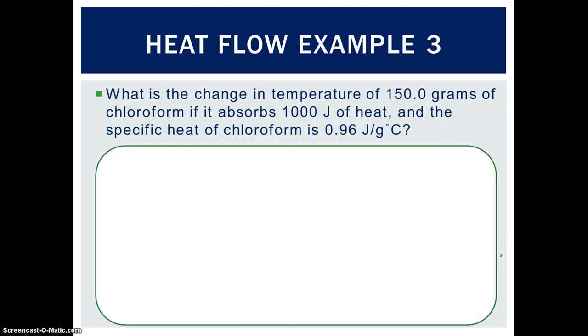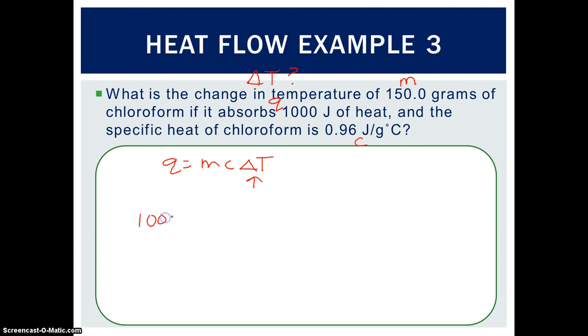Here's our last example. In this case, it's asking what is the change in temperature. So what I'm looking for is delta T. Given that the mass is 150 grams and chloroform absorbs 1,000 joules, that's my Q, and the specific heat of chloroform is 0.96, that's my C. So in the equation, Q equals mc delta T. What I'm trying to find this time is delta T. Plug in everything I know.